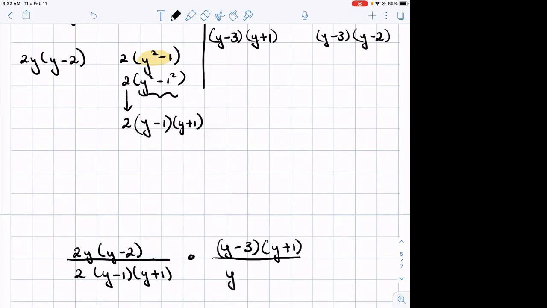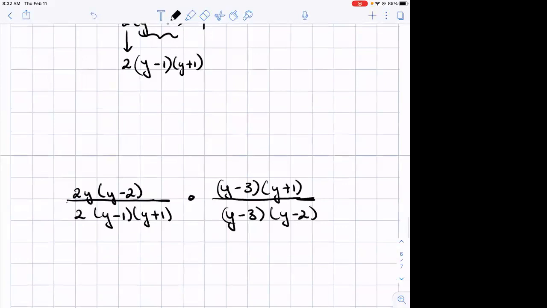And then for the bottom, we have y minus 3 and y minus 2. So please note, when you draw the line, it must be over everything in the top and everything in the bottom, okay? So the line must cover everything in the denominator. Please be careful with that.